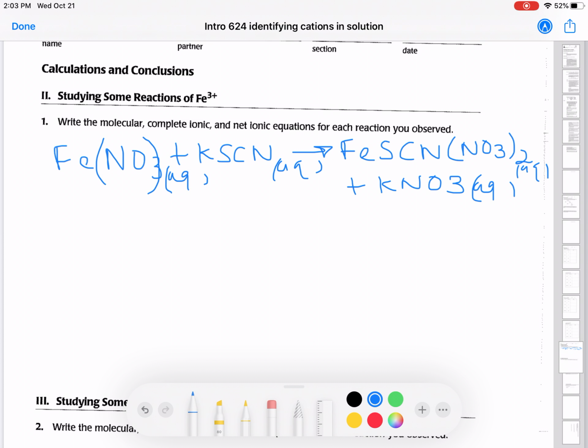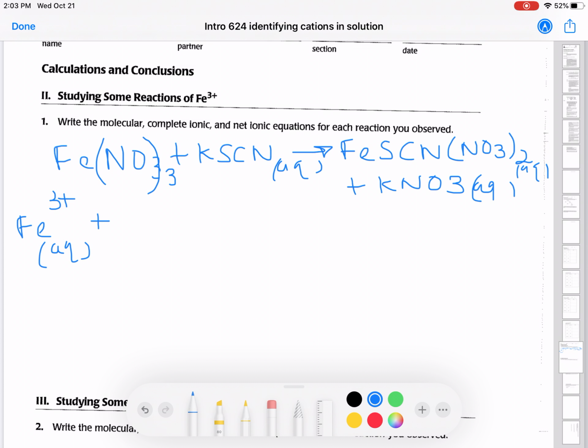So when you separate them into iron nitrate aqueous, this is called the total ionic equation. Iron is 3 plus in charge, so you have to put a little aq for all of these to represent that they are soluble. And then there are 3 nitrates, and when you write, you also need to write the charge of the complex.